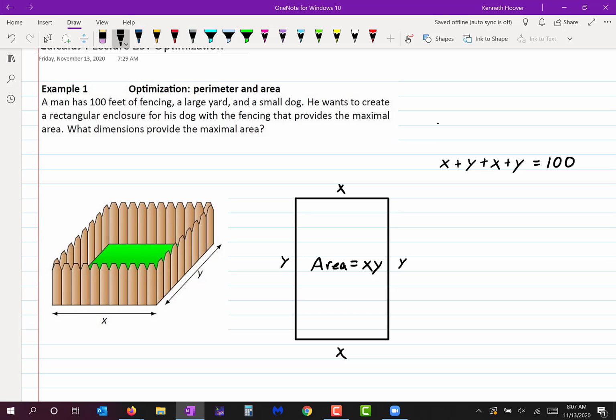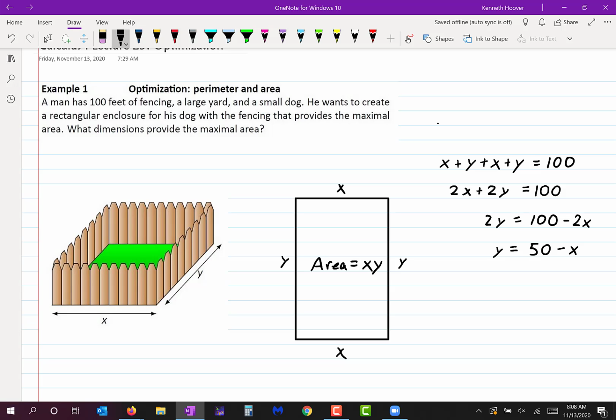So we want that to equal 100. That means 2x plus 2y is going to equal 100, which means 2y is going to equal 100 minus 2x, which means that y is going to equal 50 minus x.